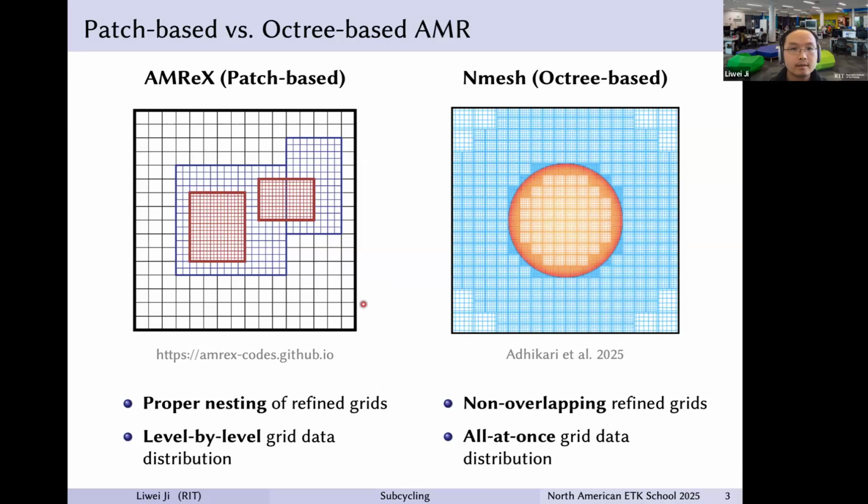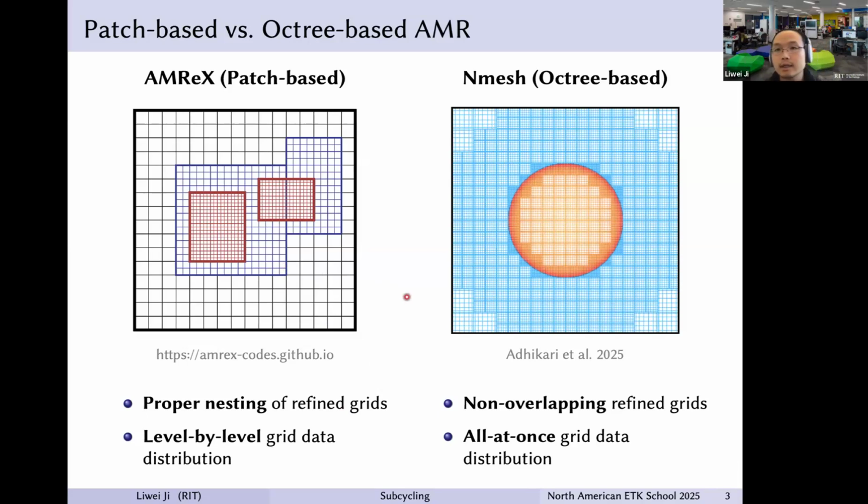The next difference is that for the patch-based AMR, the data is distributed level by level. For example, we distribute the coarsest level to all the computation nodes you have. Then after that, you go to the next level and distribute this level again to all the computation nodes you have.